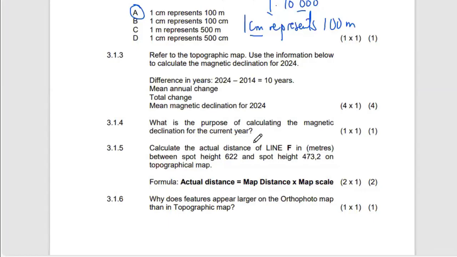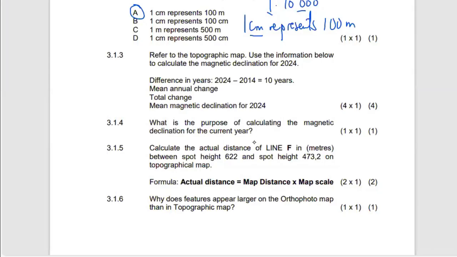If you check just below the topographic map, that information is presented in between the topographic map and the reference or the key. You get information about the angle of declination and the year when the angle was discovered, and also you get the mean annual change in the direction. You use that information to come out with the calculation of magnetic declination for the given year.